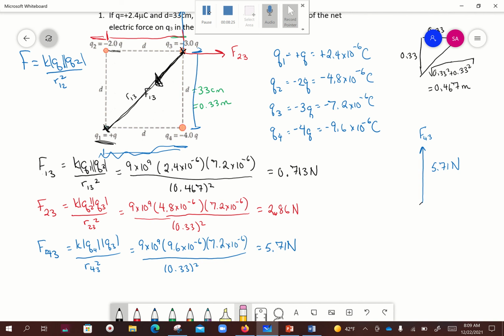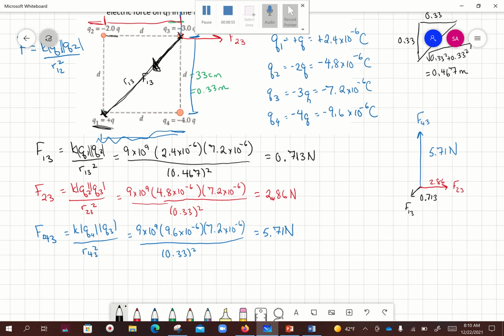It's a short little vector going in this direction, so that's got 0.713 newtons going that way. And then I have F23, which is the 2.86 going that way. So what I need to do is break all those vectors into components and add them together, and then find the magnitude and direction.